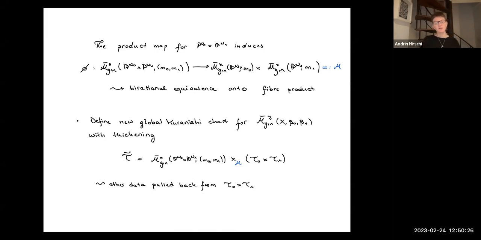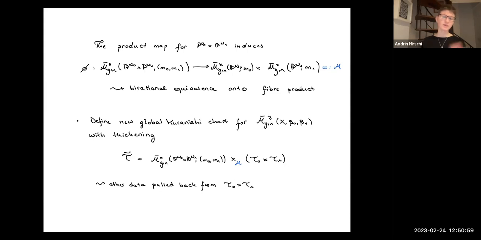Now we can, in some sense, pull back the global chart T0 × T1, which we're thickening, living over this product, using this map. So we construct a new global Kuranishi chart for our moduli space, which we had before on the left-hand side. The thickening is given exactly by the fiber product of these two things over the product of nice moduli spaces of stable maps to projective space.